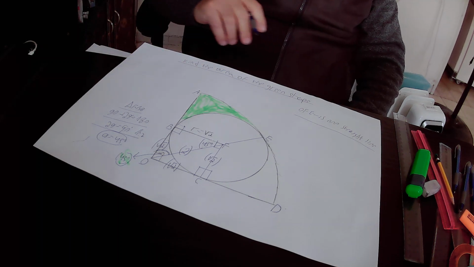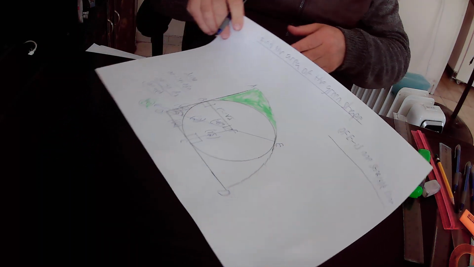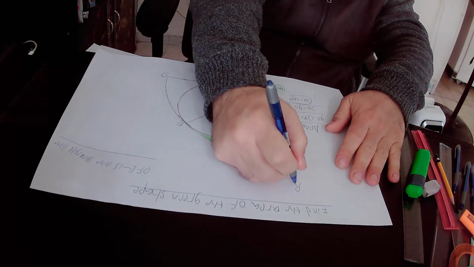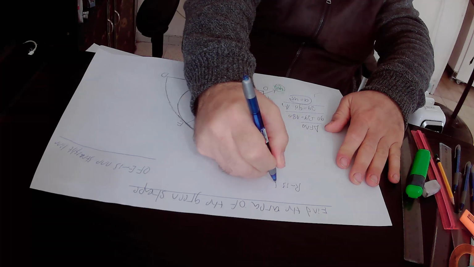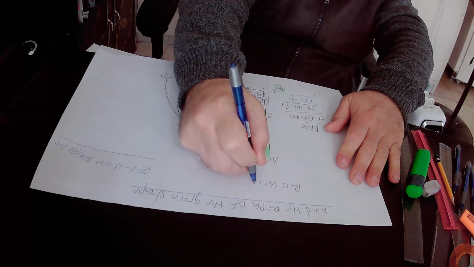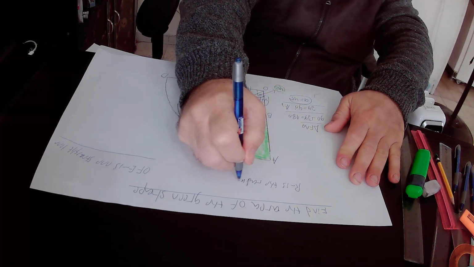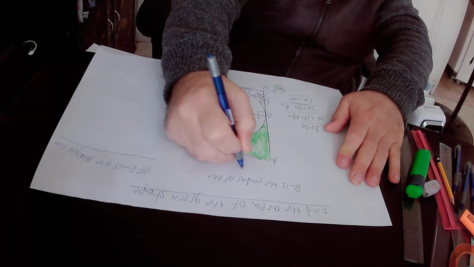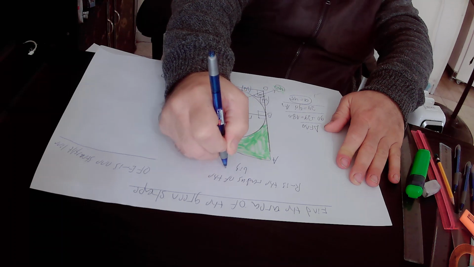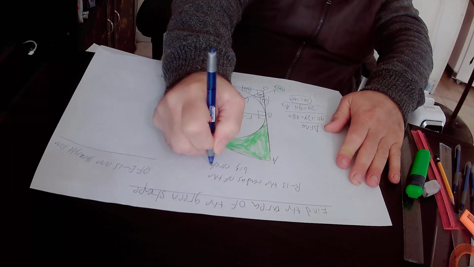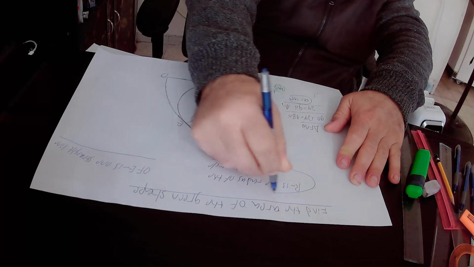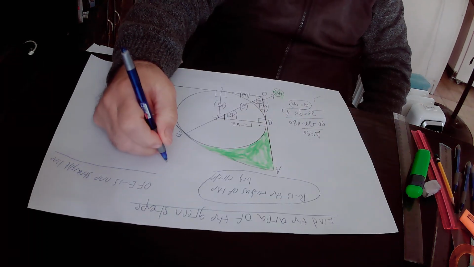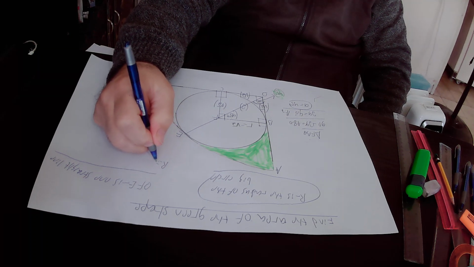We define the radius of the big circle as capital R. So capital R equals OFE.